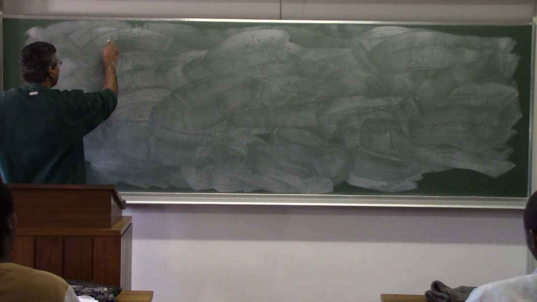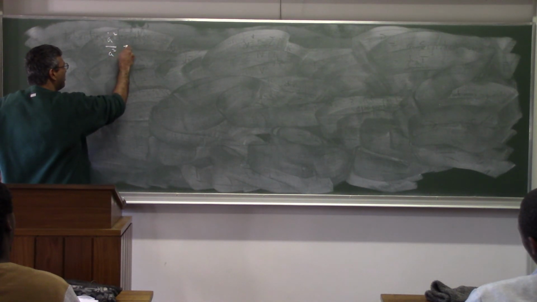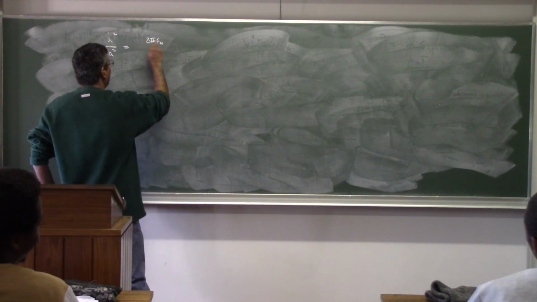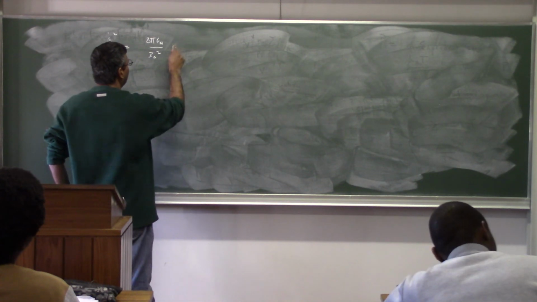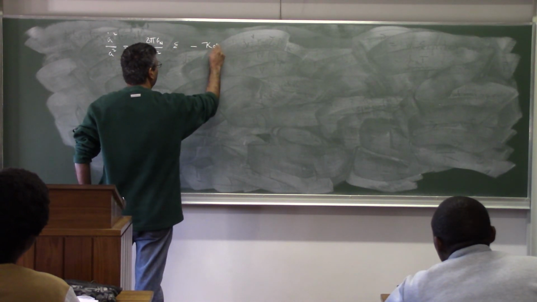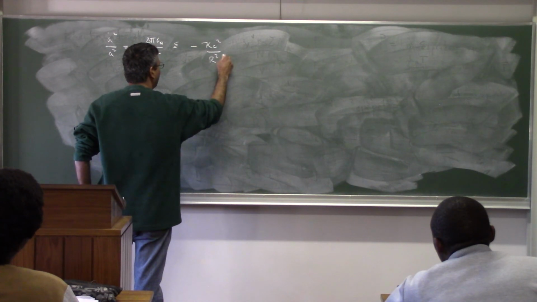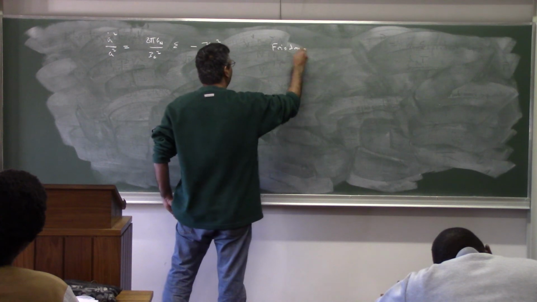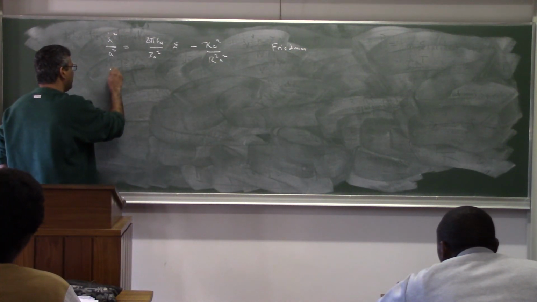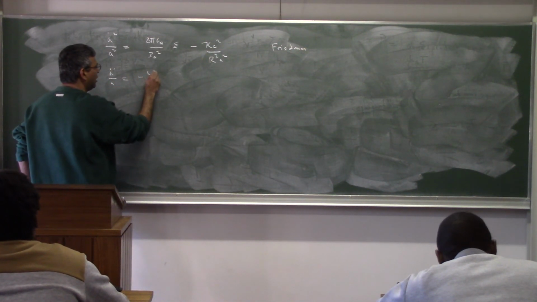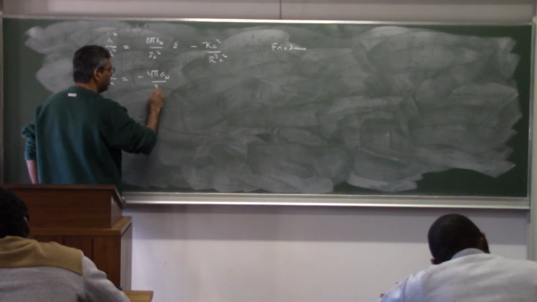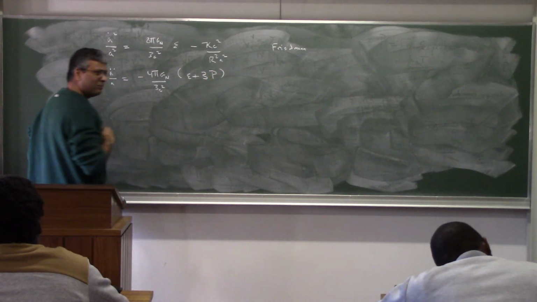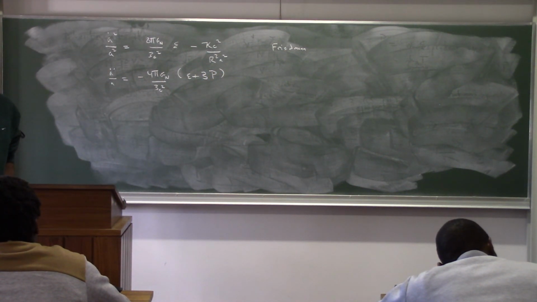So we have ȧ squared over a squared is 8πG Newton over 3c squared times epsilon minus κc squared over R squared a squared, and that's the Friedmann equation. We have ä over a is minus 4πG Newton over 3c squared times epsilon plus 3p, and that's the acceleration equation.